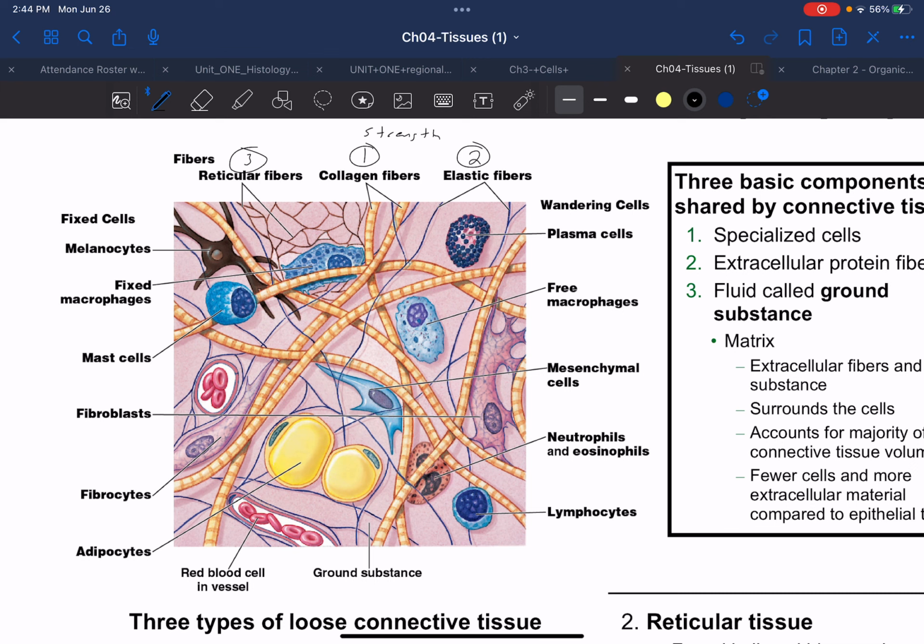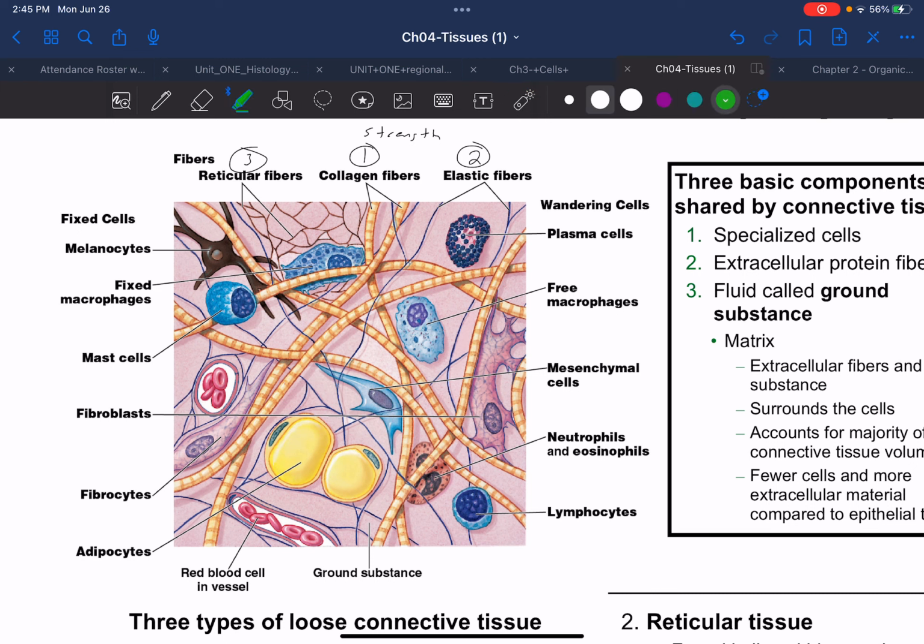Collagen is the toughest fiber. Elastic is the second strongest fiber, and also very flexible. And then reticular fibers, this one you don't need to know in lab. You'll see it later today. We don't go over it. But reticular fibers exist, and they make a mesh network, like a net, like a fishing net in a way.